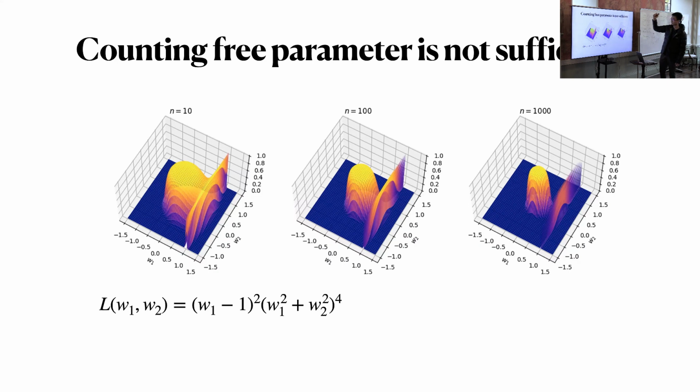So this is an illustration where if you just naively count free parameters, the line has one free parameter, and conventional wisdom would say that that is less complex and therefore the posterior would like it more.